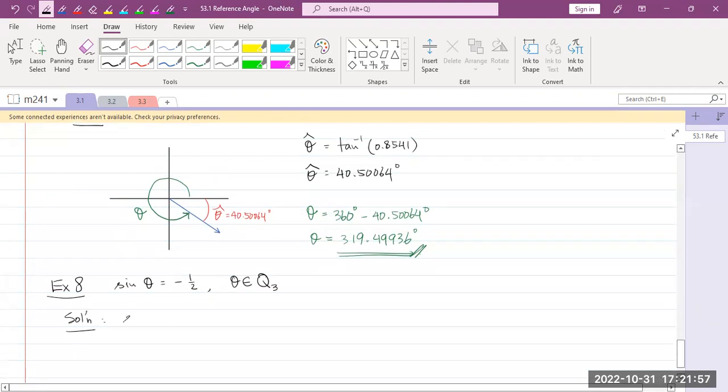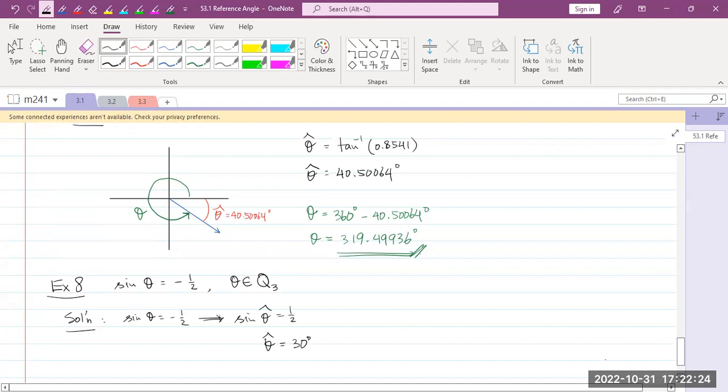Sine theta is a negative number, negative 1/2. So sine of the reference angle is positive 1/2. But this is an acute angle, a special angle, right? So you can just say right away, sine of what acute angle in quadrant 1 is 1/2? Oh, we know it's 30 degrees, right?